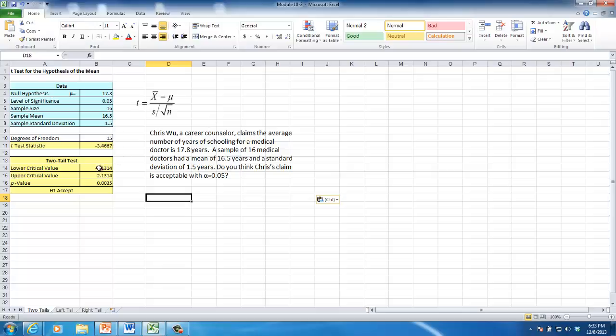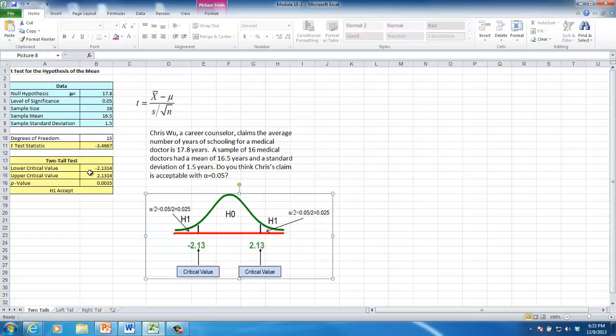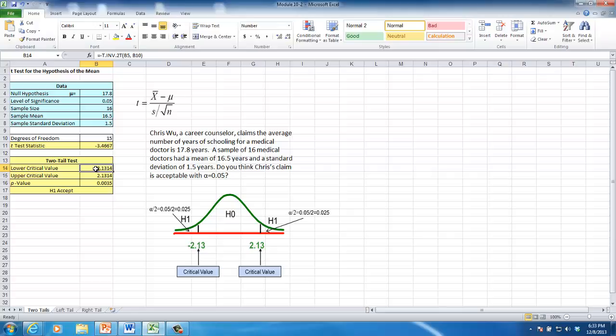The next step is to find the critical values. Now, instead of looking for the z table or the z function, we need to use another Excel function. Let me bring the graphic first. This time the function is T.INV.2T.